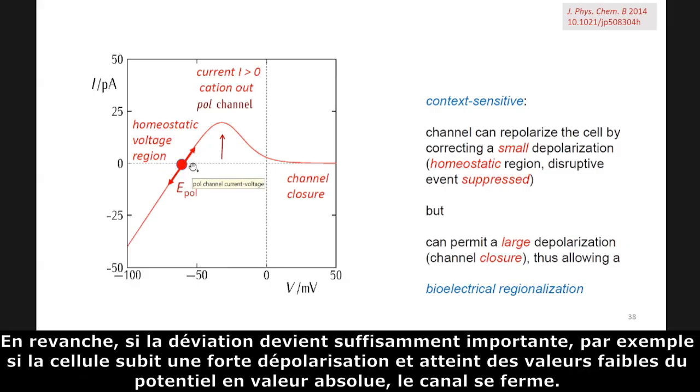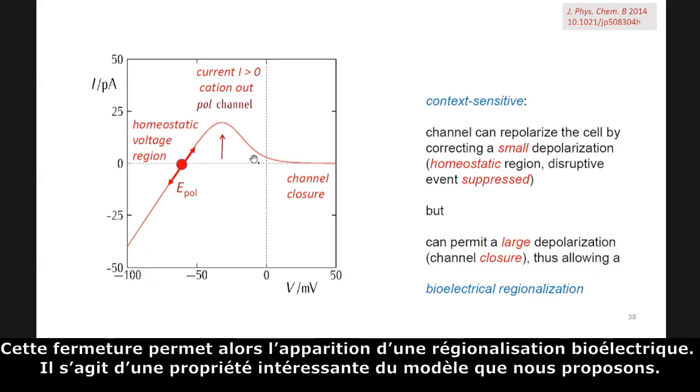However, if the deviation is high enough, if the cell suffers a strong depolarization and moves to cell potentials low in absolute value, the channel closes. And because the channel closes, bioelectrical regionalization should be possible. This is an interesting property of the model we are trying to put forward.